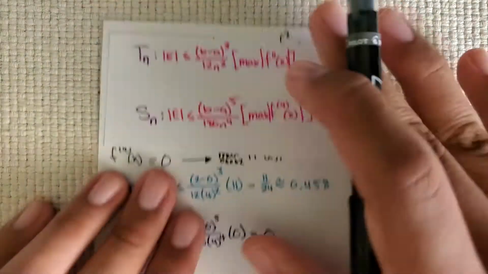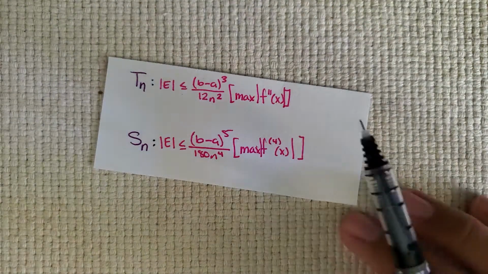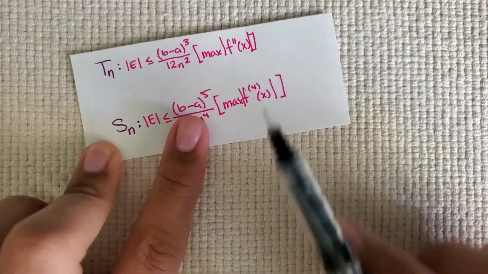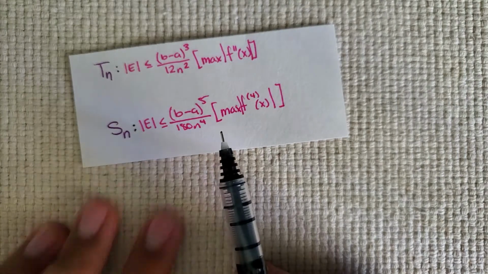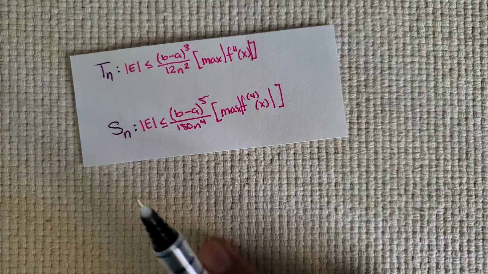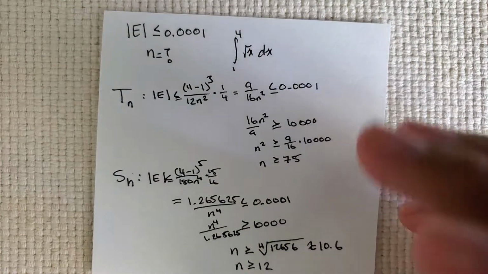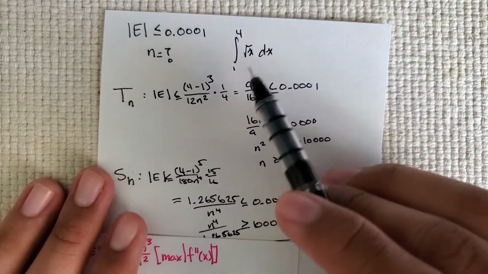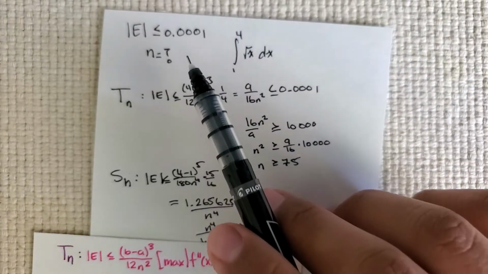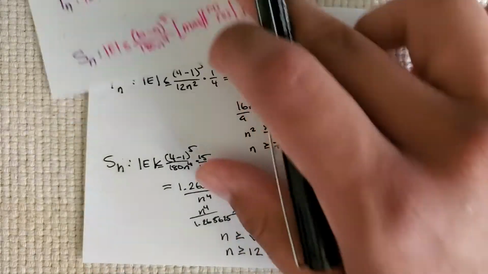Now, these formulas can actually be used even more to see which n values might be used to gain a super accurate answer that you might want. And one prime example of this is right here, where we have this integral, radical x, evaluated from 1 to 4, and we want an error, let's just say the number we got earlier in estimating this error.